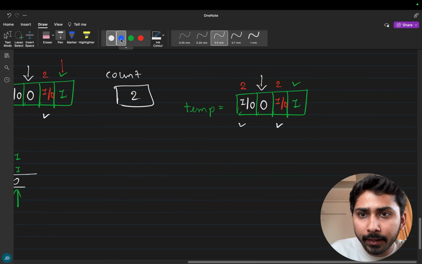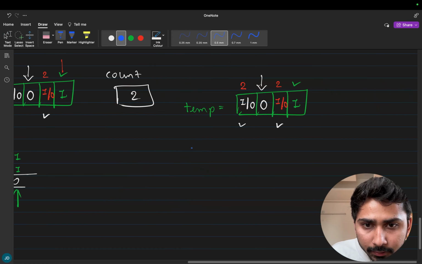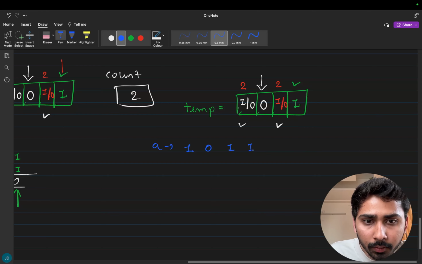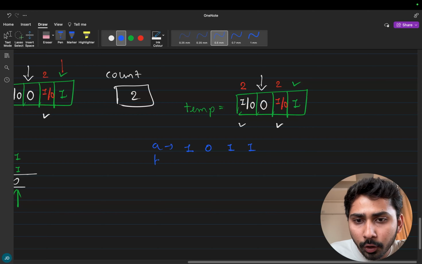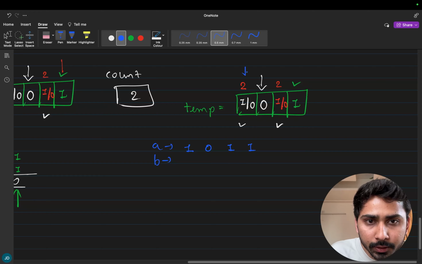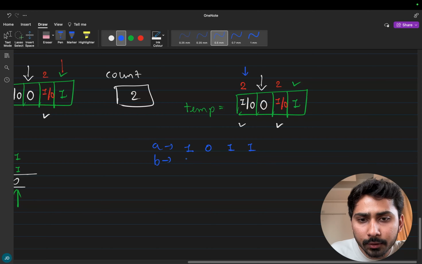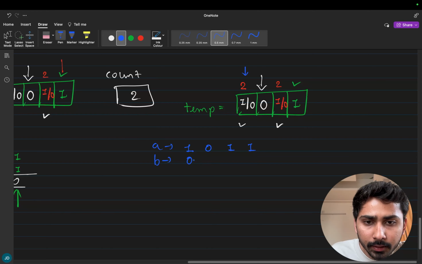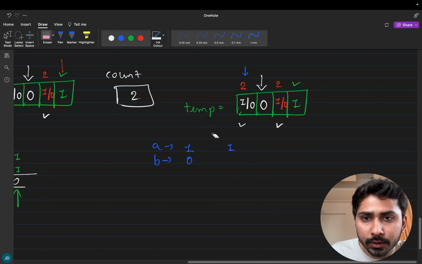So I'm writing down the numbers that we can generate. I'll select for this position a 1, then I'll select a 0. I'm generating A for now. And here I'll be selecting a 1 and then a 1. Now in order to generate B, we know that for this position, if it is a set bit, then in B it should be an unset bit, right? So this is fixed. So these positions are already fixed.